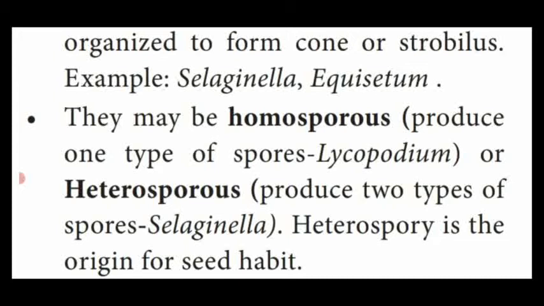Example, Selaginella. This different type of spores shows the origin of the seed habit. Normally, pteridophytic plants are known as seedless, isn't it? But some advanced pteridophytic plants show formation of a seed-like organ, that is said to be heterospory. Heterospory is the origin for seed habit.